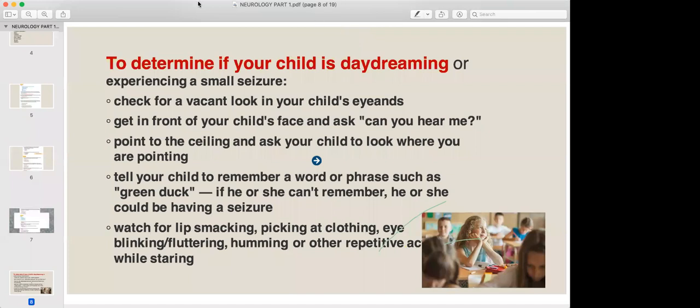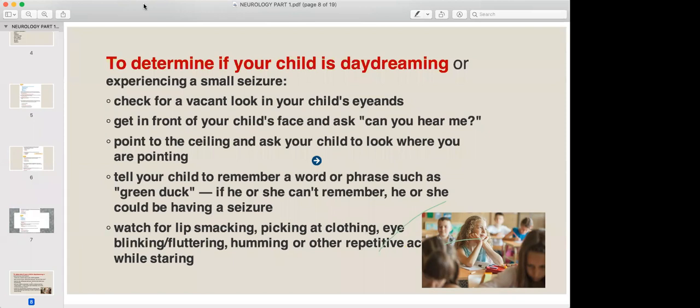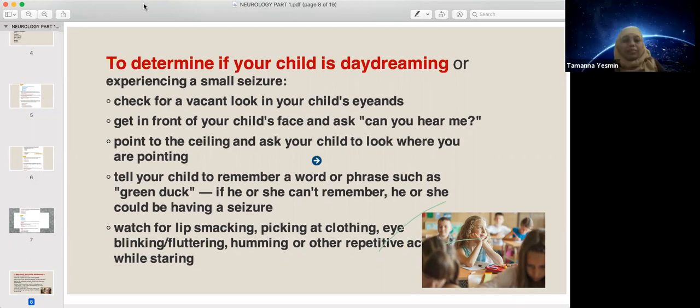So CT scan and MRI, in case of headache, if it is chronic headache, we will prefer MRI or MRA. Why? Because when we suspect a pathology in the cerebrum, I mean the cerebral hemisphere, or in the vessel, then we will do MRI.